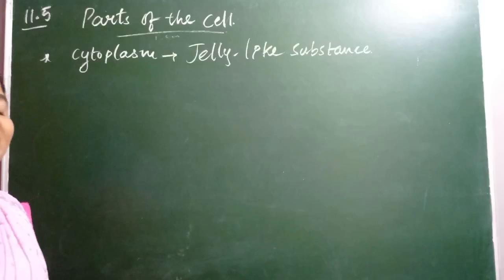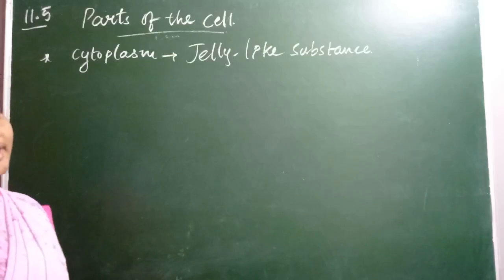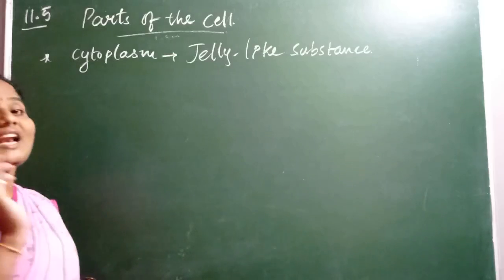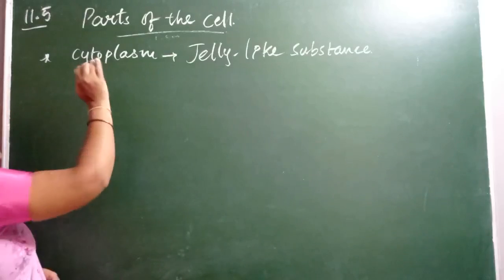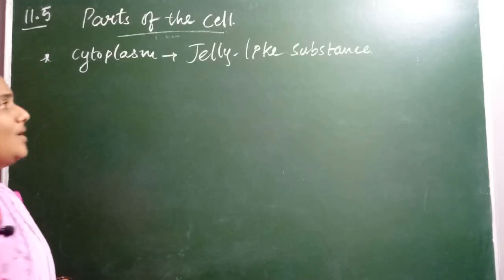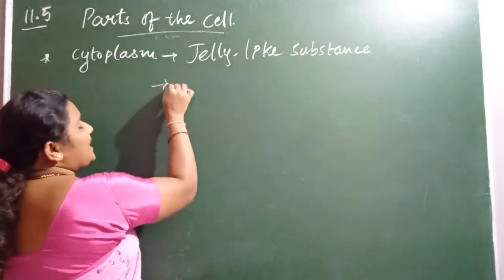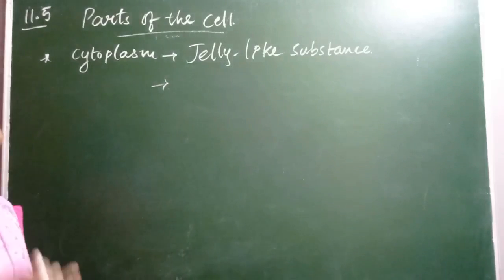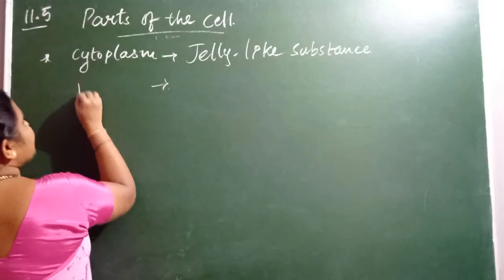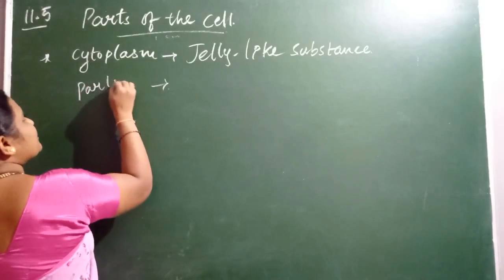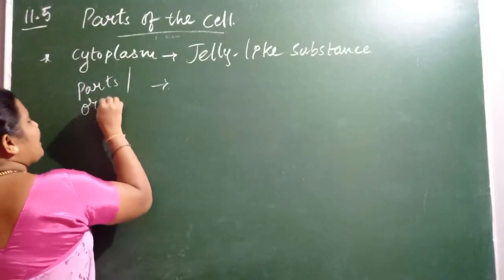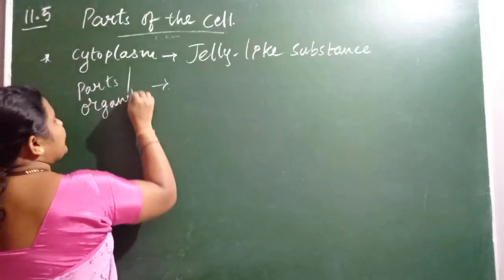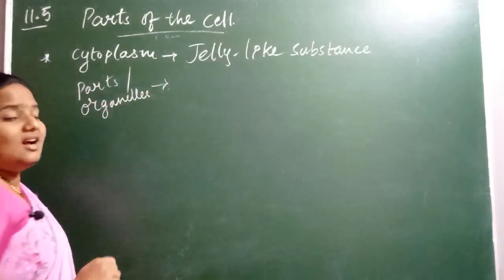And cytoplasm even consists of various components, children. Means different cell organelles are also present in this cytoplasm. For example, it contains different parts. Parts are nothing but organelles, children. Got it?